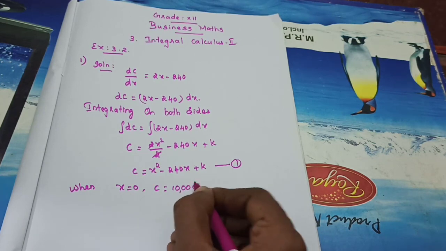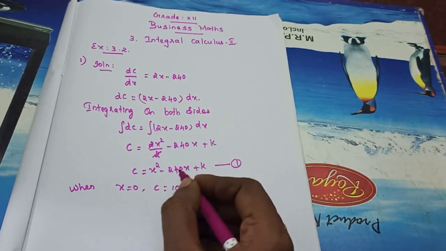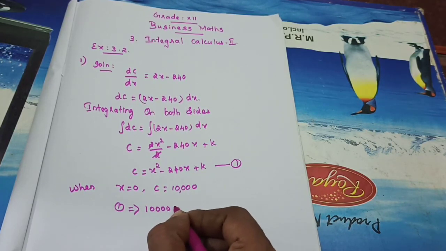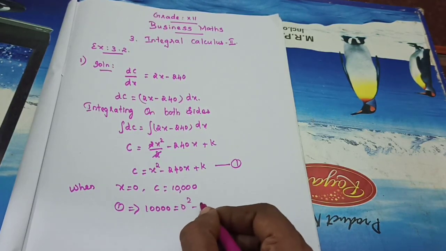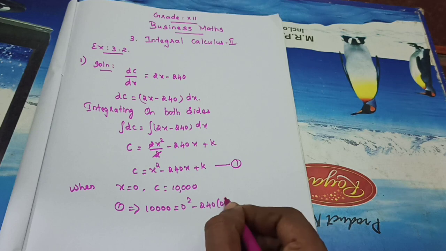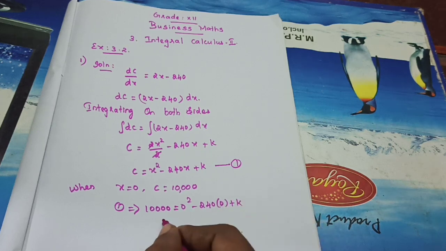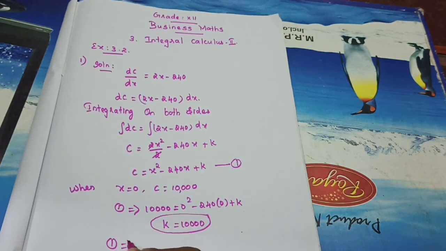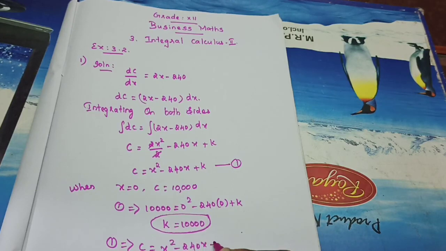Substitute this in equation 1: 10,000 is equal to 0 square minus 240 into 0 plus k. So k equals 10,000. Now substitute in equation number 1: C is equal to x square minus 240x plus 10,000.